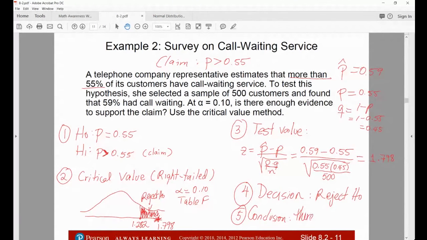So there is enough evidence to support the claim, that the proportion is greater than 0.55. We can support the claim of the company representative.